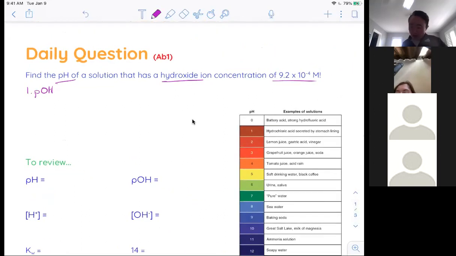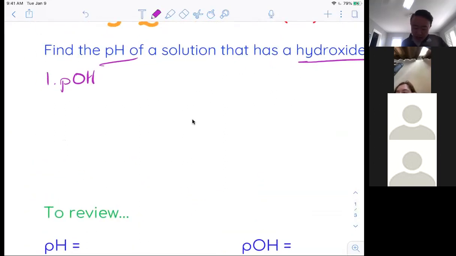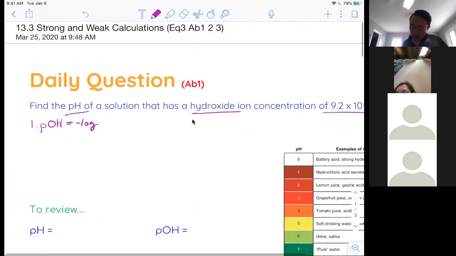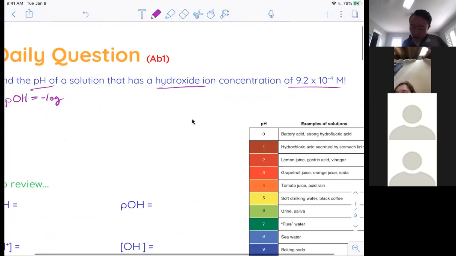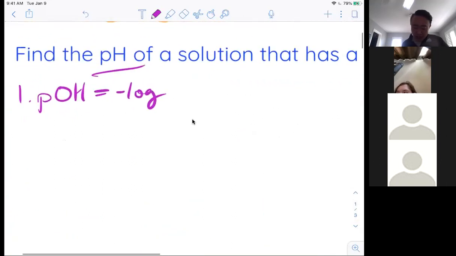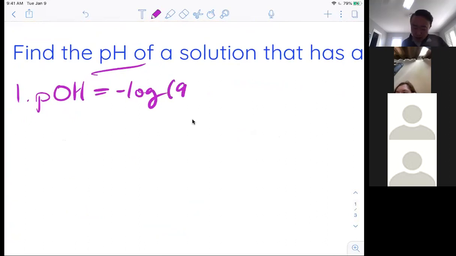So to solve for pOH, it's equivalent to the negative log of the concentration of hydroxide ions, so that's the OH minus concentration, 9.2 times 10 to the negative fourth. So negative log of 9.2 times 10 to the negative fourth, and then I'll get a pOH value.